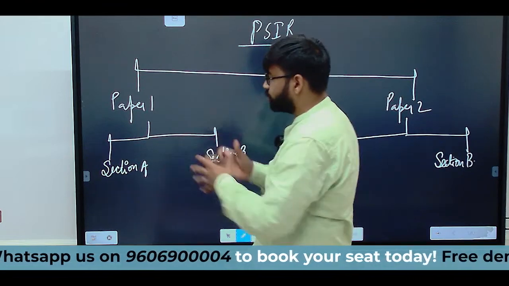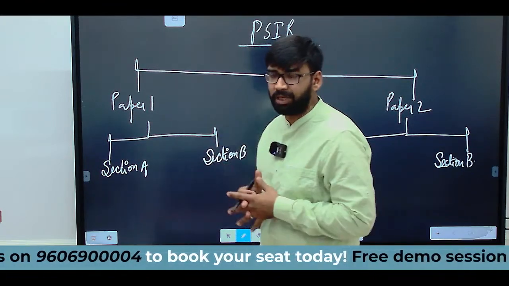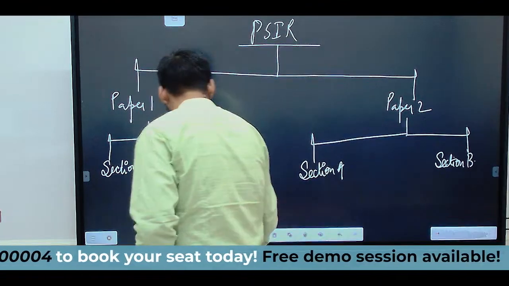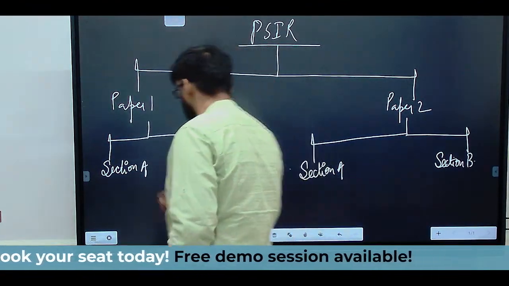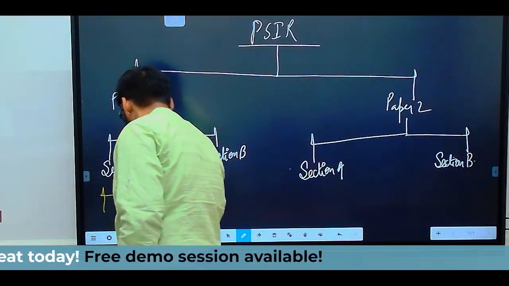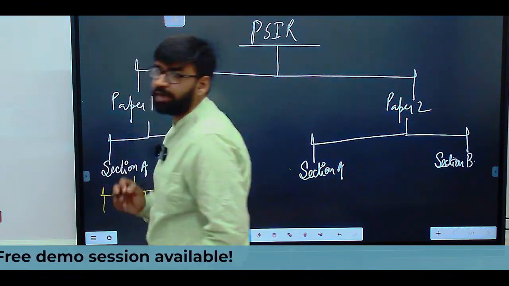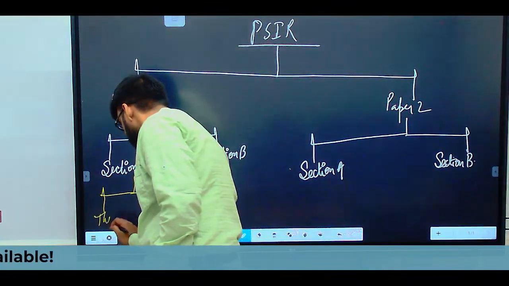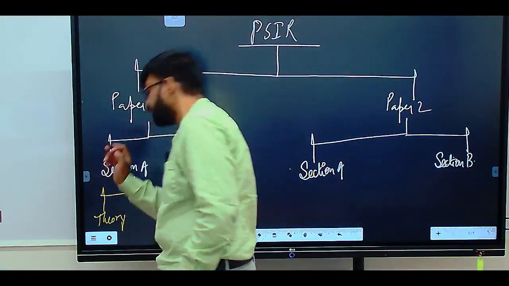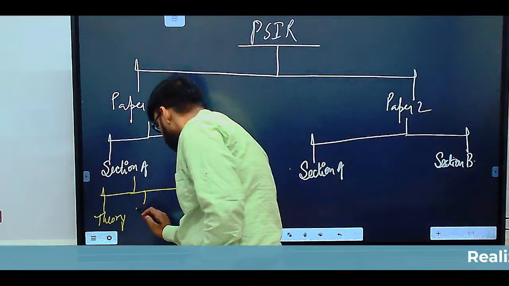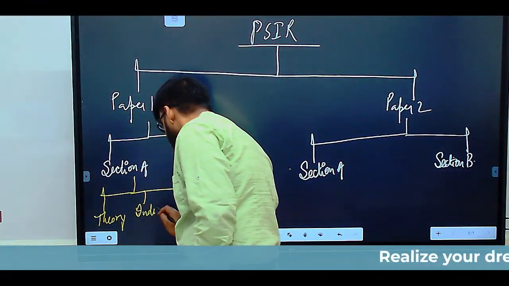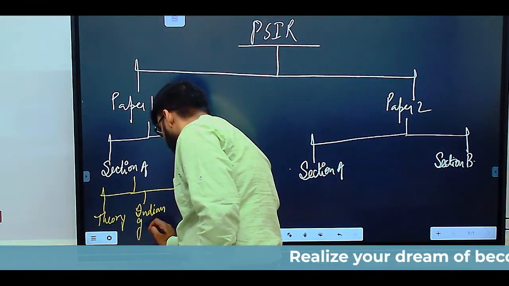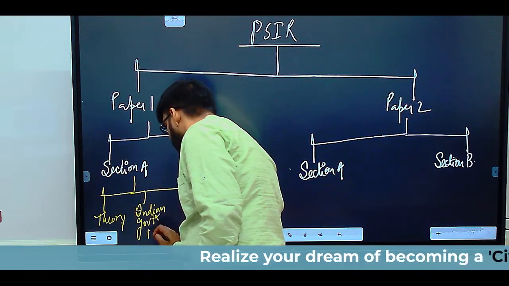So there are two sections, section A and section B. Now in section A, there are three important topics. First of all, theories, then Indian government and politics.